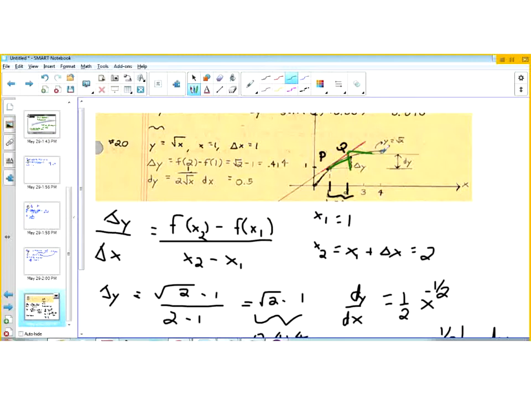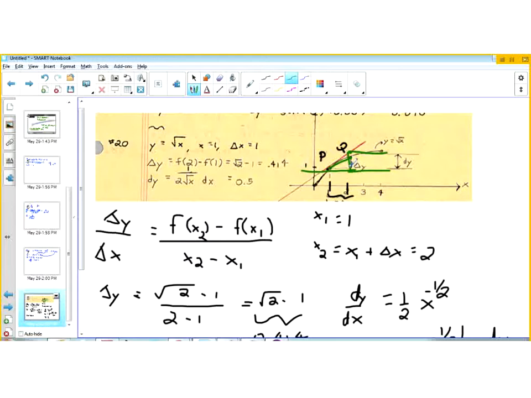It would be right there. So you basically extend a line parallel to the y-axis through point Q, and where it intersects the tangent line, you then take the distance from this parallel line that is parallel to the x-axis and goes through P, so you take this distance right here, and that would be your differential y.